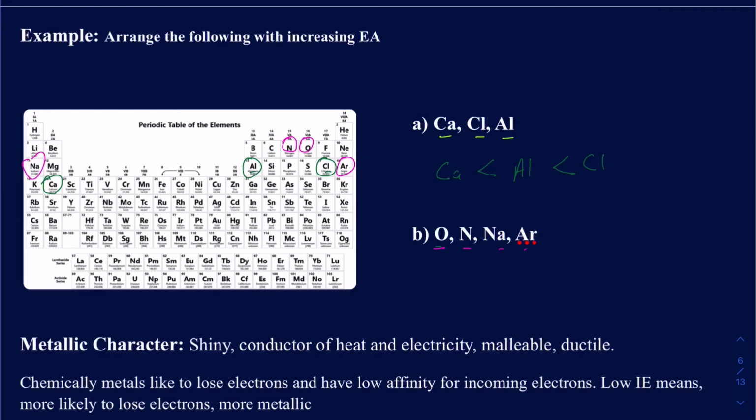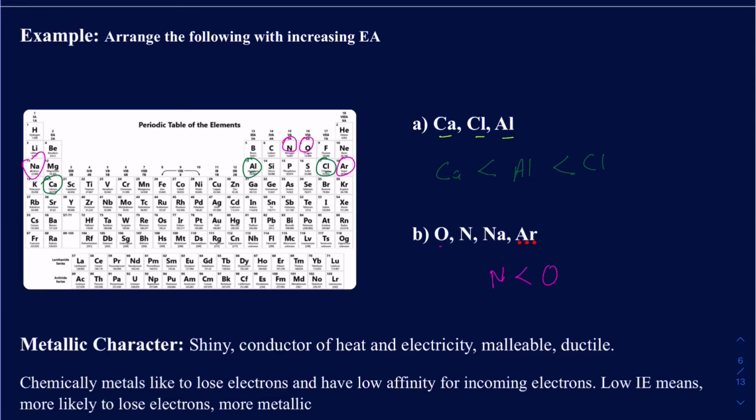Okay, so obviously we said metals have lower electron affinity than the non-metals, except the noble gases. Noble gases have very, very low electron affinity. Nitrogen and oxygen are more onto the right side, and oxygen is further right than nitrogen, so oxygen will have higher electron affinity. So I can easily say oxygen is going to have a higher electron affinity than the nitrogen.